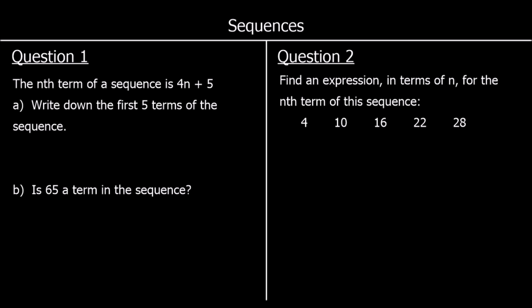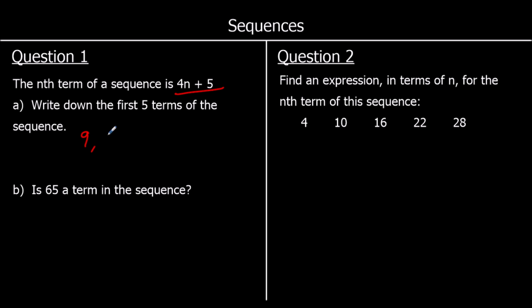And sequences. The nth term of a sequence, so the position to term rule, is 4n plus 5. Write down the first 5 terms. So the first term of a sequence is when n is 1. So 4 ones, 4, plus 5 is 9.